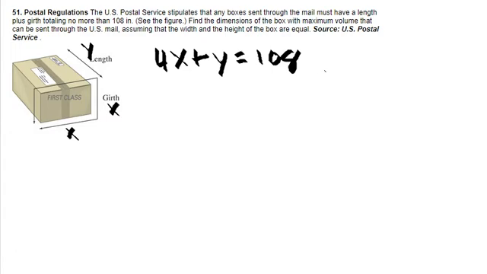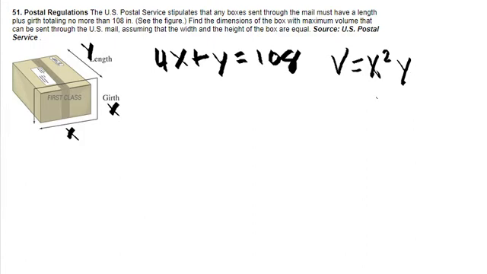The other bit of information we were given is that we're trying to maximize the volume. Volume is length times width times height, so we get x squared times y.